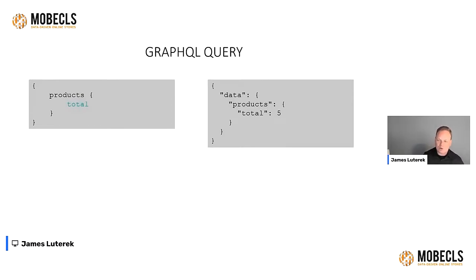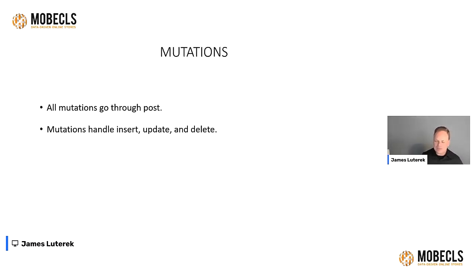So that's your GraphQL query. It's everything you need to ask for data from the server. In GraphQL, you only have two things. You have GraphQL queries and you have mutations. Whereas other protocols have inserts, updates, and deletes, in GraphQL you just have the two. You've got query and mutation.